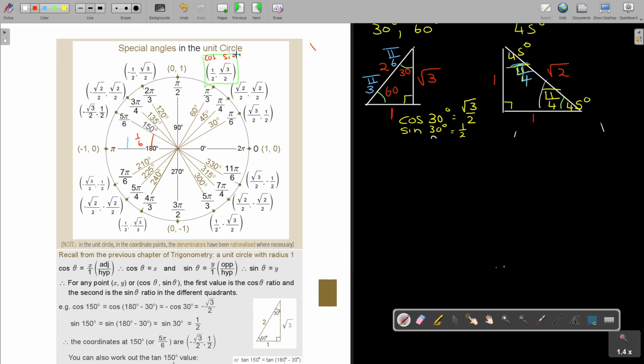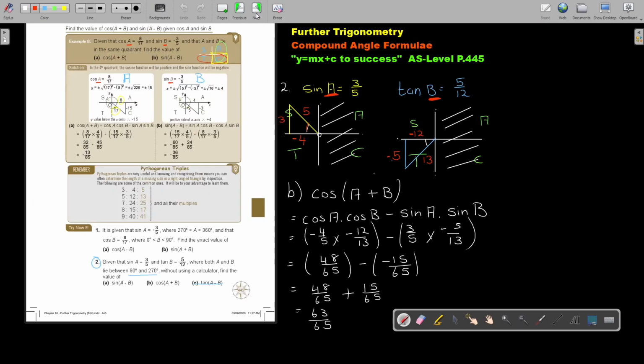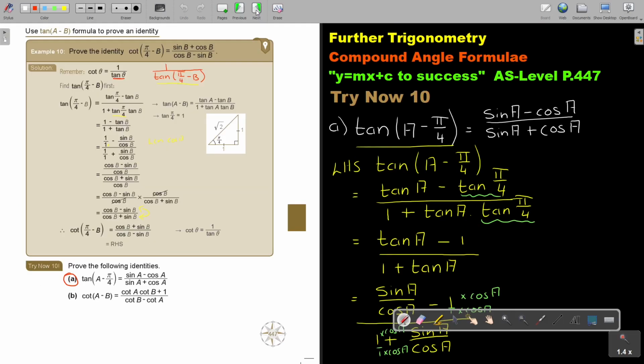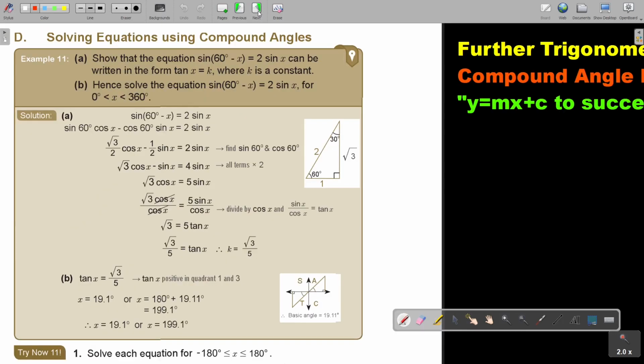So from the unit circle, I know that it was a half and square root 3 over 2, and this was representing, remember, first always cos, and this is sin.